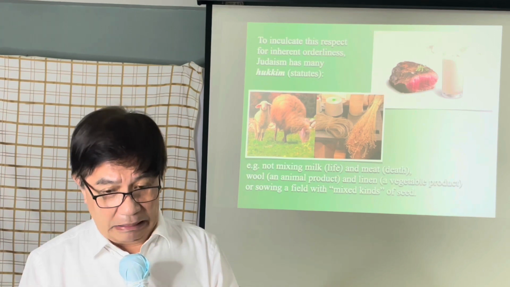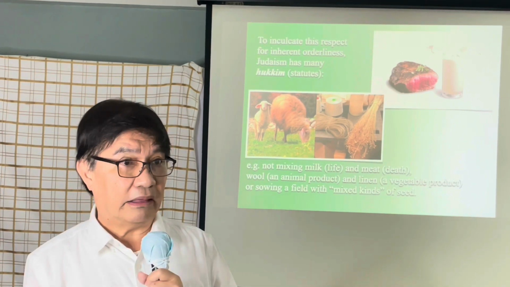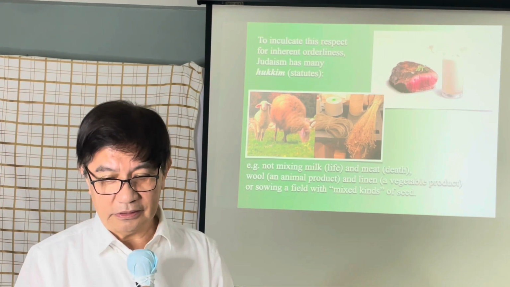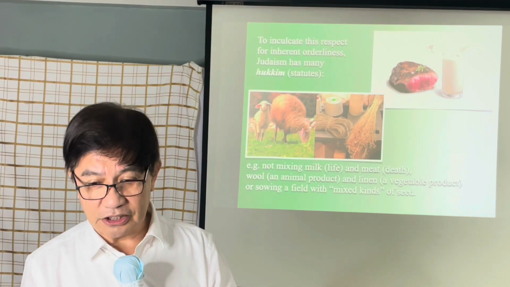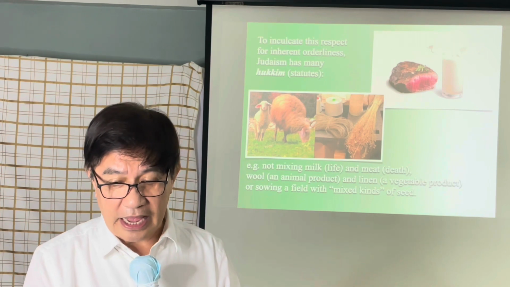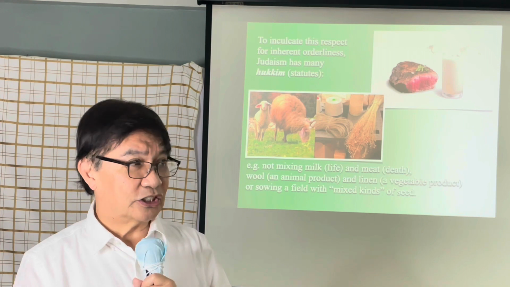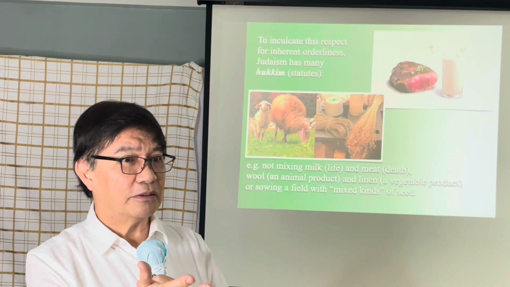Don't mix milk, which is life, with meat, death. Don't mix wool, animal product, with linen, vegetable product. Sowing in a field with mixed kinds of seed is avera, transgression. You're mixing. Di ba that's the same as the Muslim haram? Something like that.